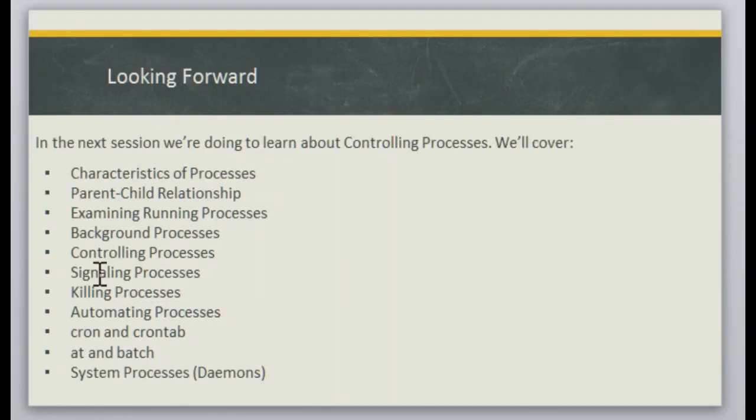Next session, we're going to go over characteristics of processes, parent-child relationship, examining running processes, background processes, controlling processes, signaling processes, killing processes, automating processes, cron and crontab, and batch commands, and system processes. So we're going to really take a deep dive into processes, guys.